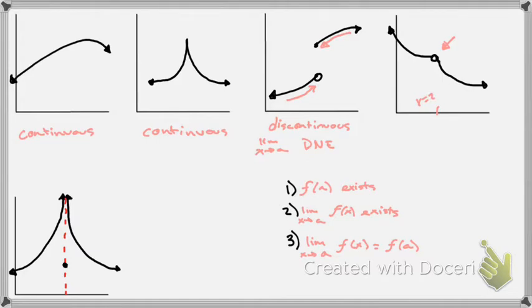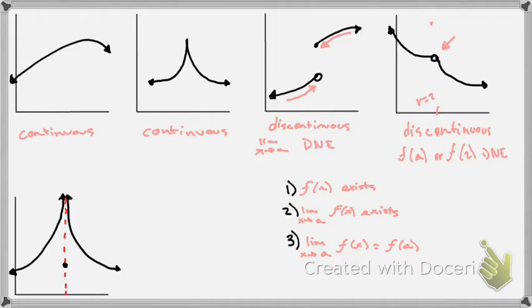And it's not like over here or anything like that. It's just gone. So we're going to say that this one is discontinuous because f of a, or f of 2, does not exist.